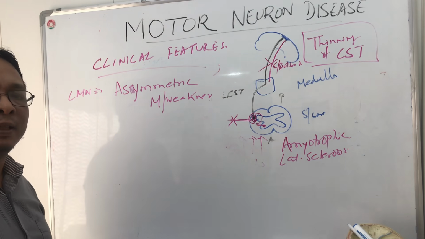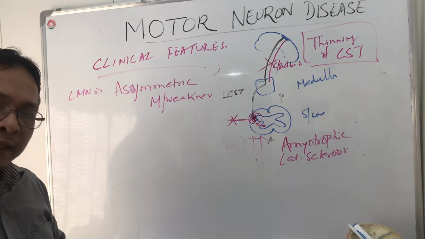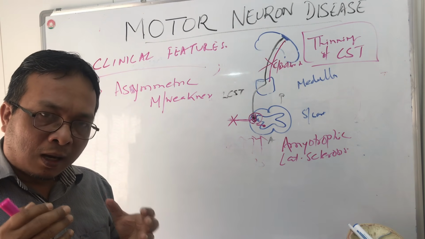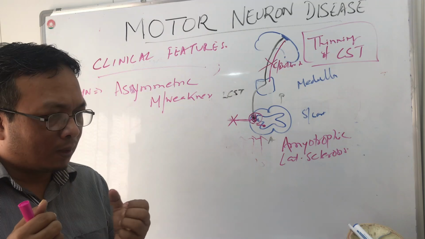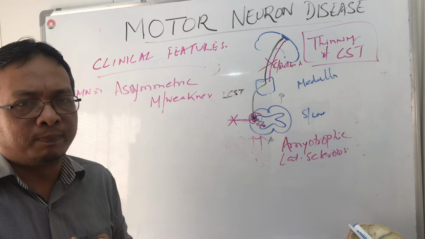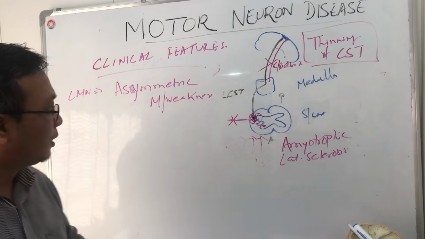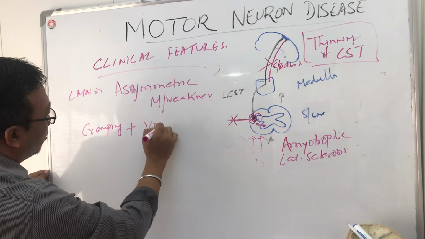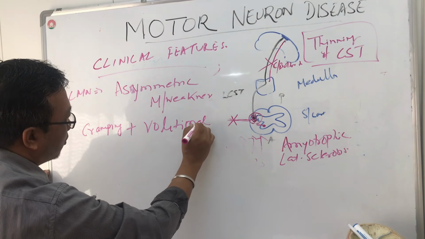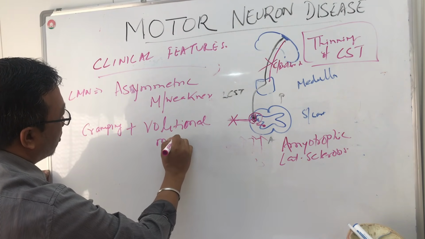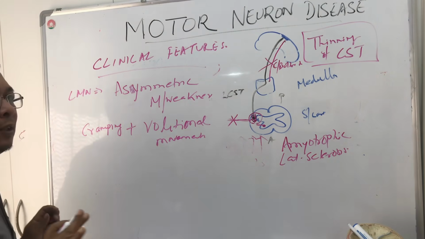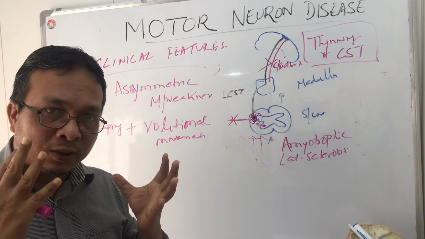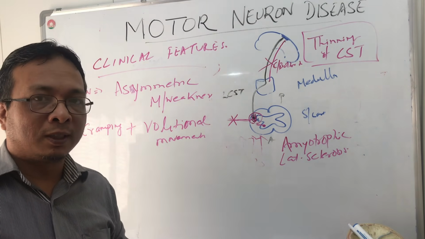There is a complaint of asymmetric muscle weakness, and if a detailed history is taken, it is often found that the person may have experienced, in the early morning hours, some cramping with volitional movements. We all know what volitional movements are: when you use willpower to execute your movement. That is called volitional movement.